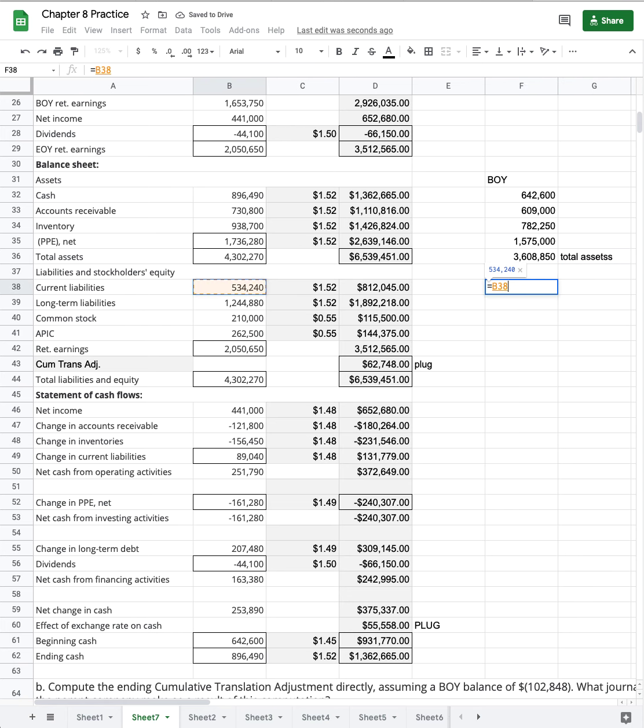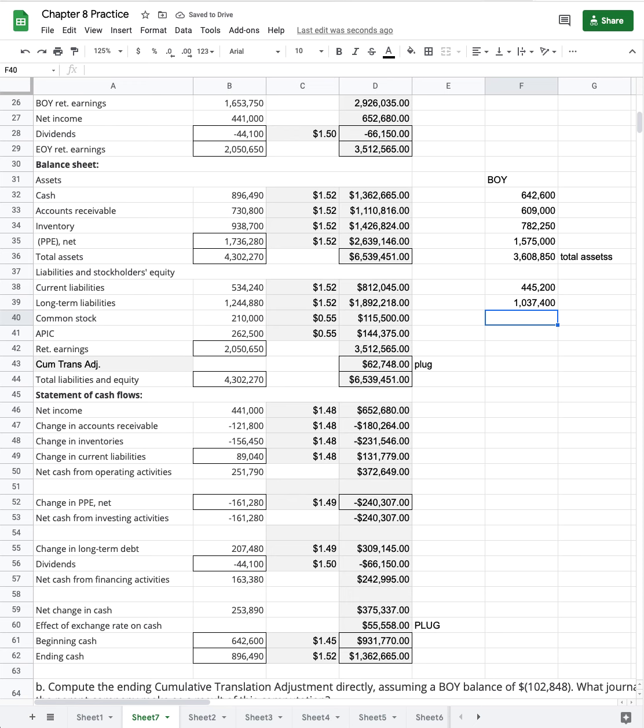Then our current liabilities, that $534, and our change in current liabilities. And that should actually be subtracted. Okay, then our long-term liabilities minus our change in long-term debt.